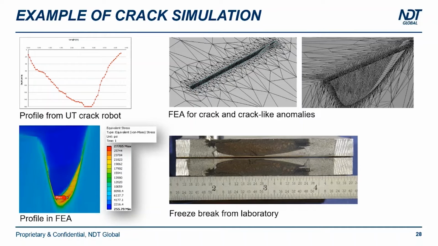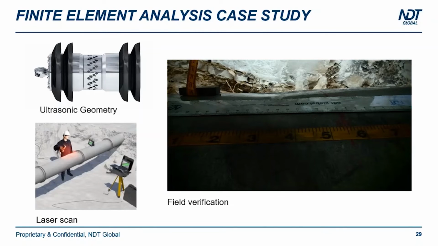So we're able to model this crack profile with FEA, and in this case, we were able to compare it to a freeze break, just ensuring that our data and how we're handling it compares to something real. So this is for crack tools.